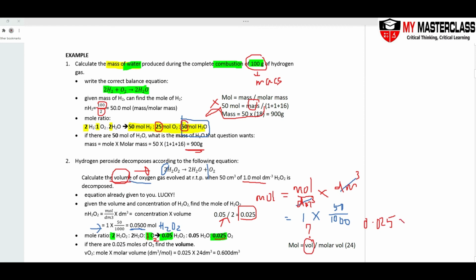I have to times 24 dm³. If you work it out, you will have 0.6 dm³, which is 600 cm³.